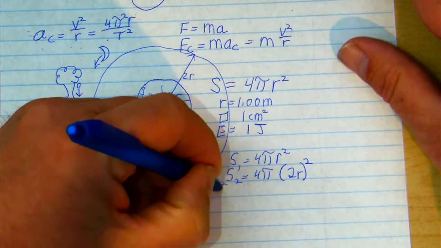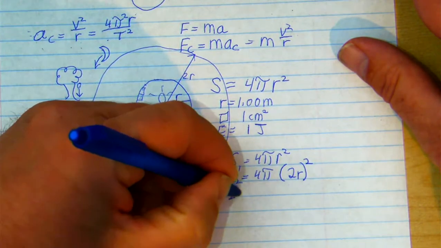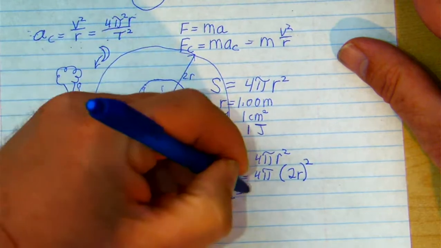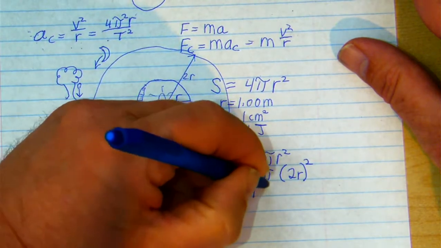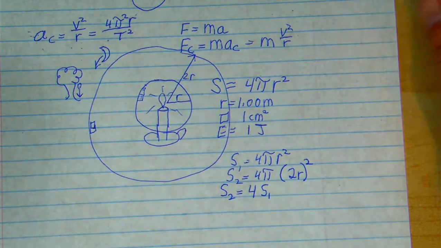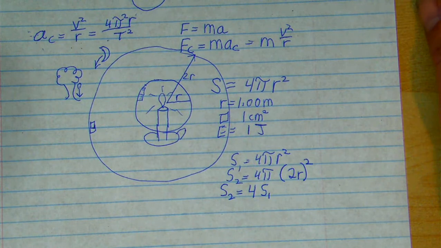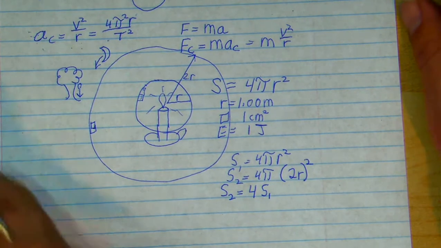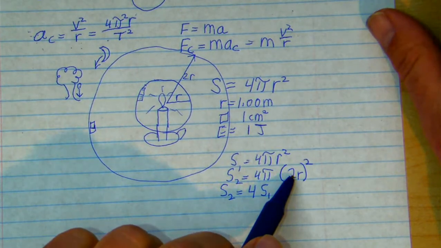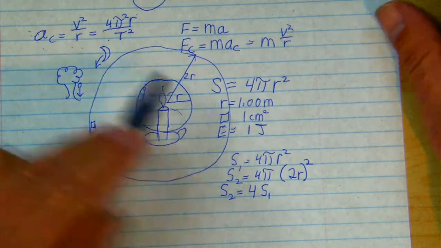In other words, the surface area of this second sphere is going to be 4 times the surface area of the first sphere. If it's twice the radius, it's going to have 4 times the surface area.